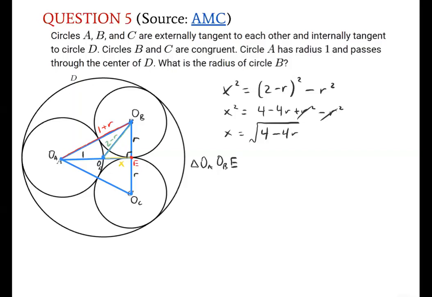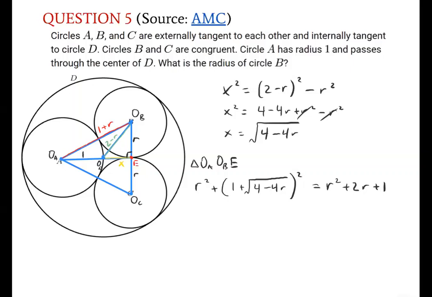That is also a right triangle, so we can use the Pythagorean theorem to solve for R. So R squared plus (1 plus X, or the square root of 4 minus 4R) squared is equal to (1 plus R) squared. So let's just first expand this side, we will get R squared plus 2R plus 1.